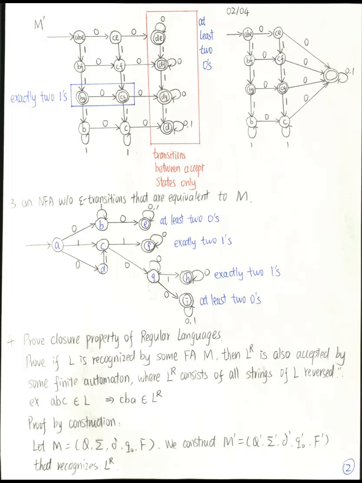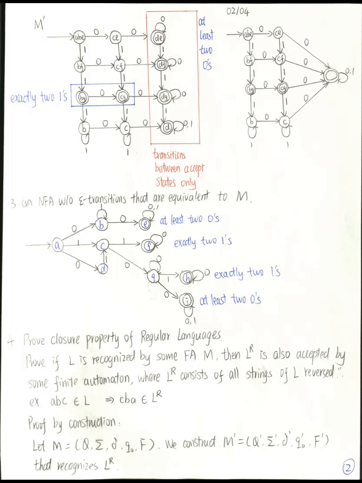There is no transition from them to a non-accept state. So if I reach any of them, I stay in a final state. What I can do is combine them into one single state. Once I reach this state, I will stay at this state. And this state is an accept state.